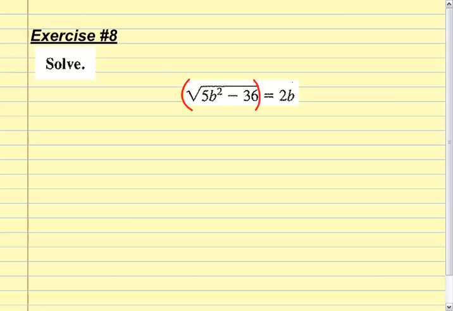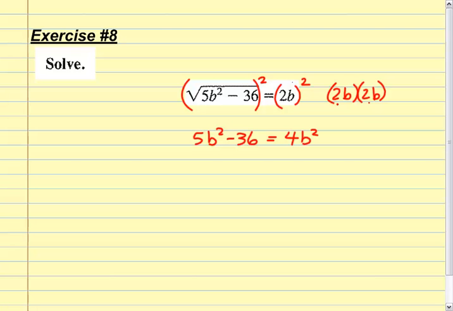So I'm going to square both sides, and remember, as soon as I square both sides, that means I need to check both of my answers. Or I need to check my answers to make sure that they work, okay? Now, the square of a square root is just the stuff underneath it. 5b squared minus 36 is equal to 4b squared, because remember, 2b squared means 2b times 2b.